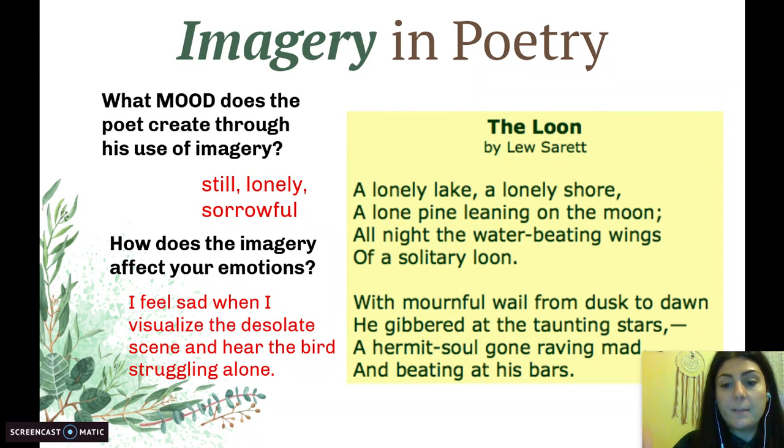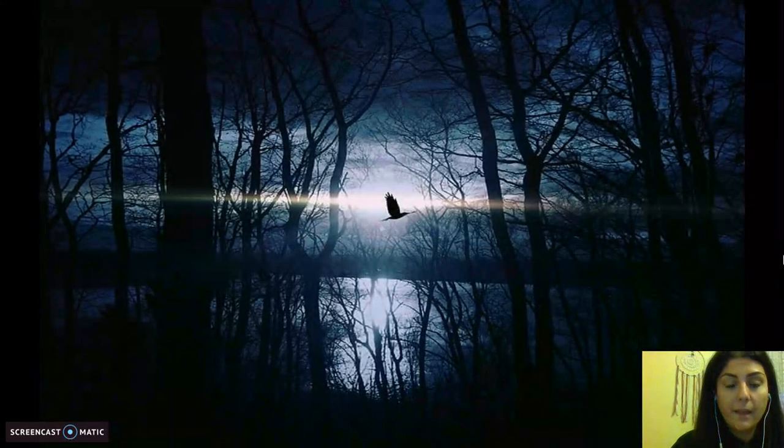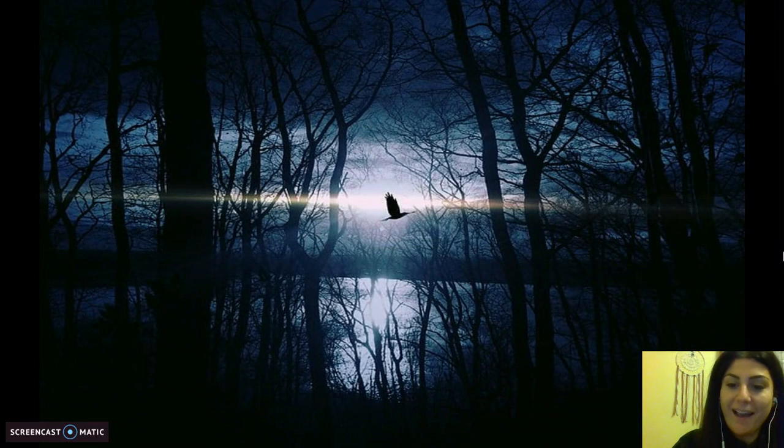Thinking about those words again, like lonely, lone, nighttime, solitary, mournful, wail, taunting, I could sense that this bird is lonely. And this is an image I got for that. It's kind of like what visualizes in my mind, the bird being alone near a lake with the moon and just trees.